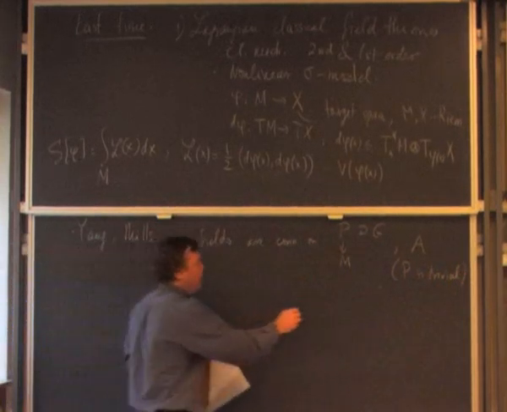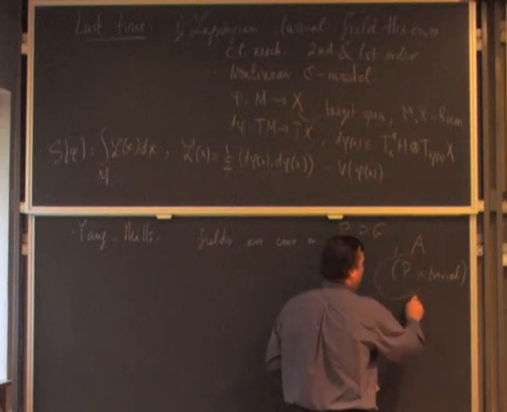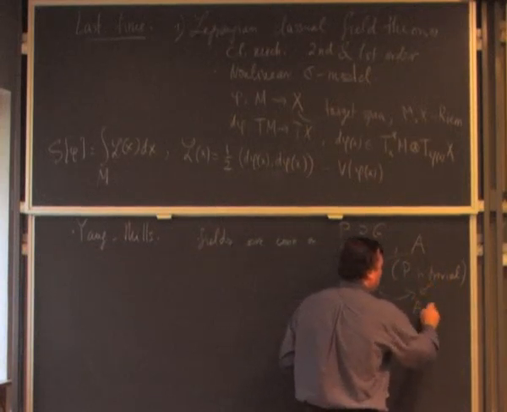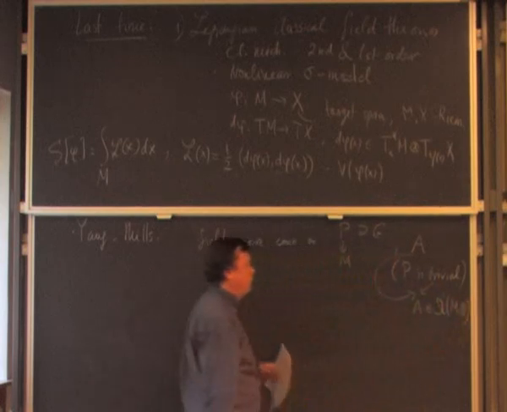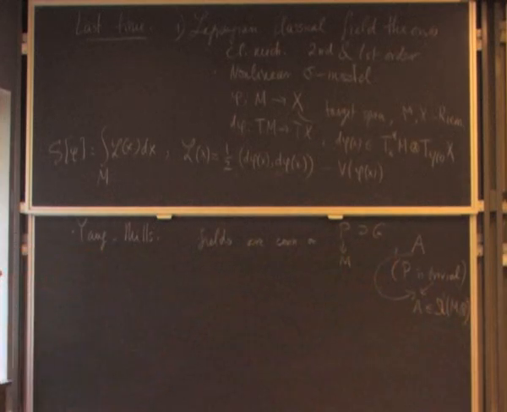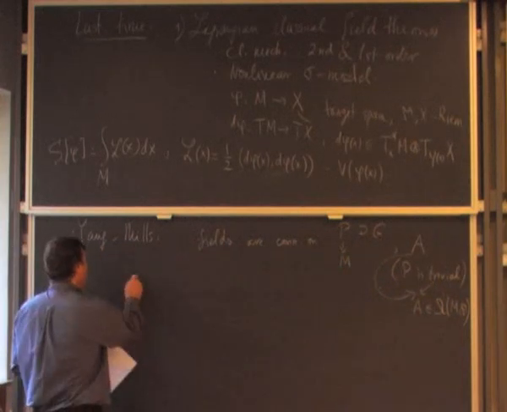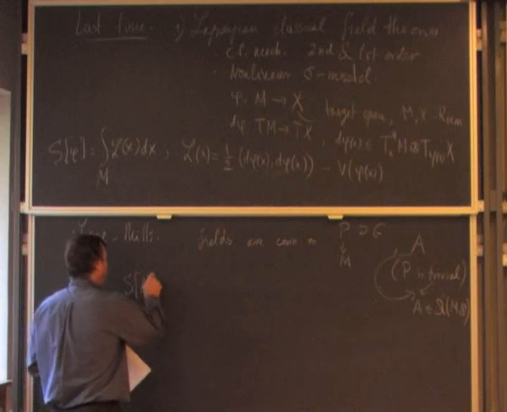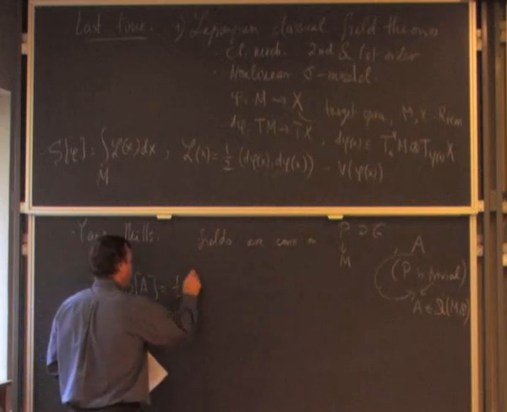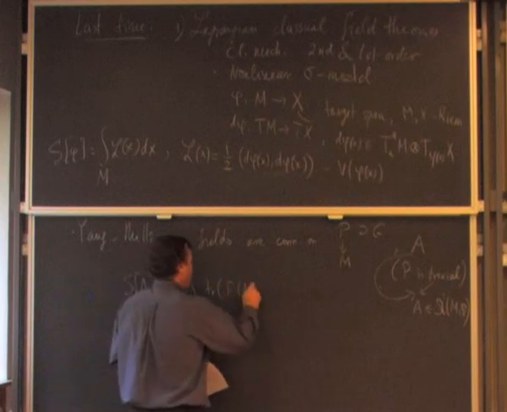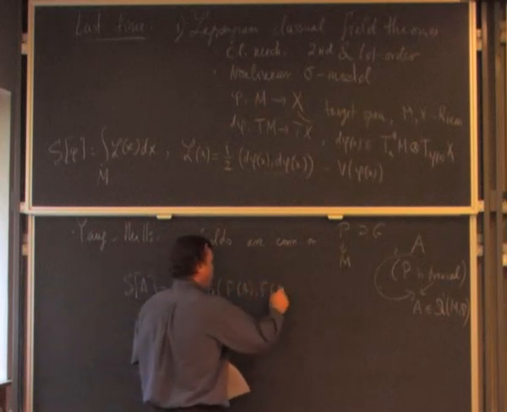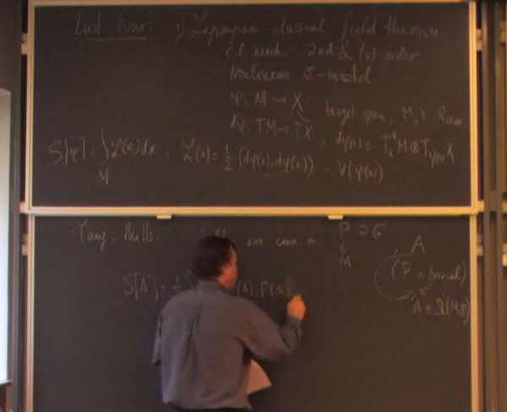So in this case, A can be considered as a G-valued one form on M. The action is the integral of the trace of F of A, that's the way we defined it last time.